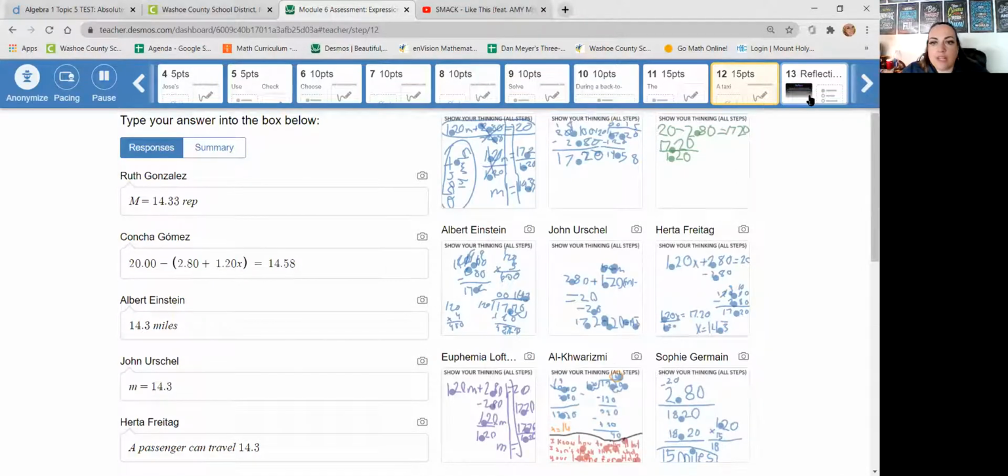Okay, so in your reflections, you need to explain what the correct thing to do was and why. Why does that make sense? So I should have written an equation like this.